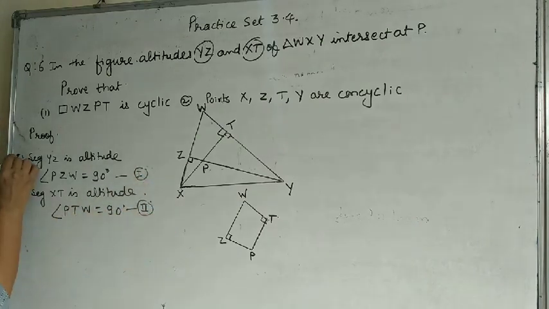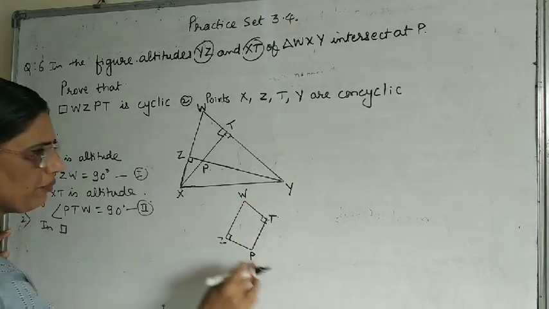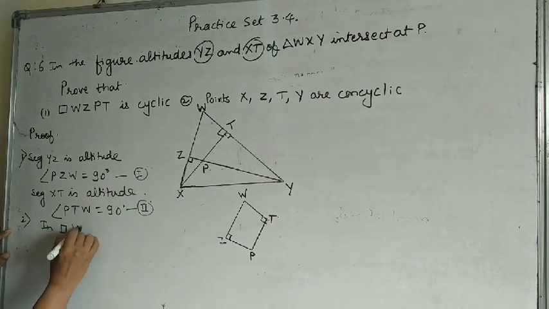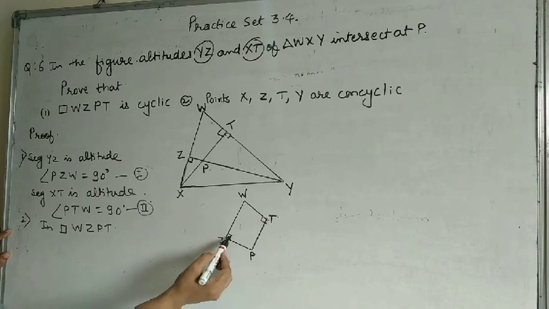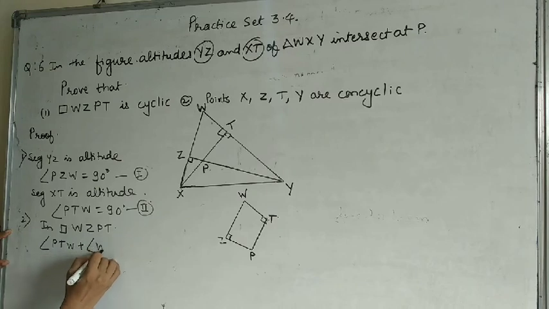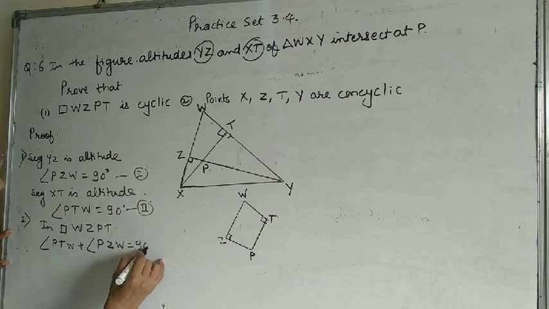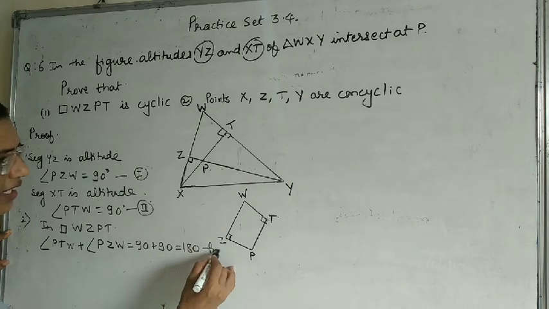Now in quadrilateral, this is statement 1. In quadrilateral WZPT, what do we have? These two are 90 and these two are opposite angles. Angle PTW plus angle PZW is equal to 90 plus 90, that is equal to 180 from 1 and 2.